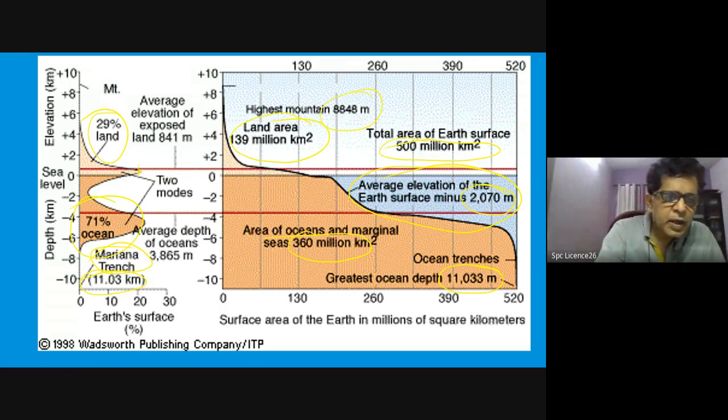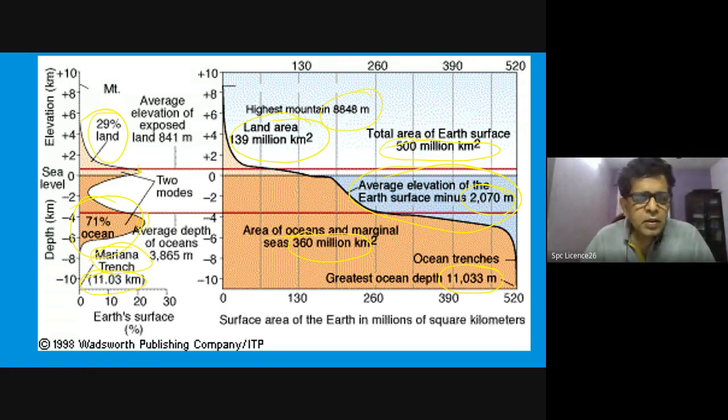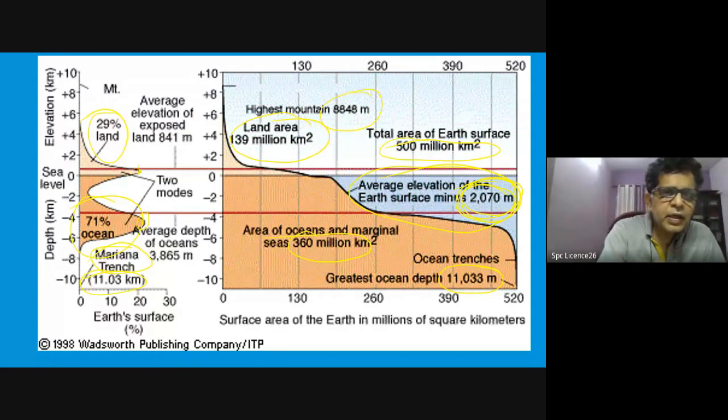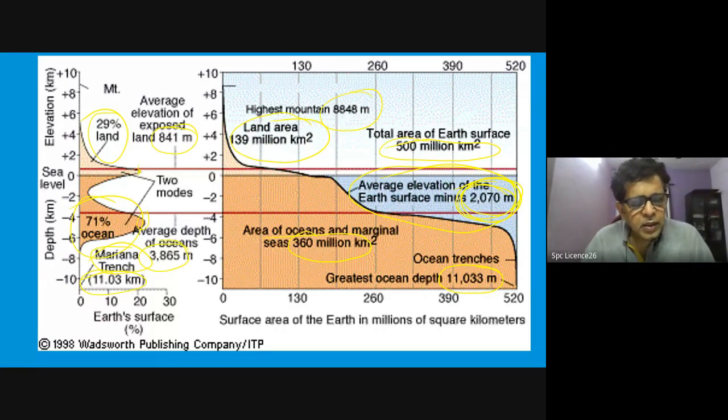And this point is the average depth of the water exclusively, only water. This is water plus land. 2000 meters is water plus land. Only land is 841 meters, and only water is 3800, or you could say 3900, or even round it up to around 4000 meters as well.